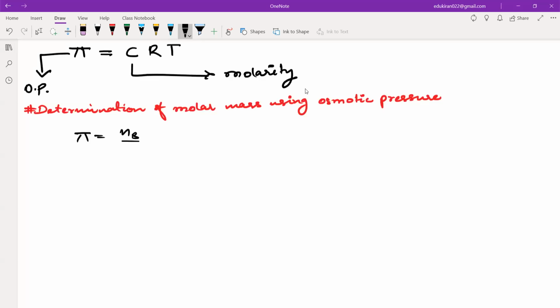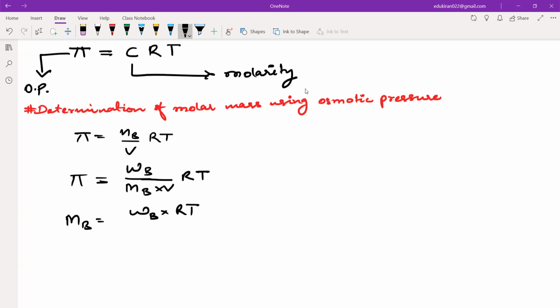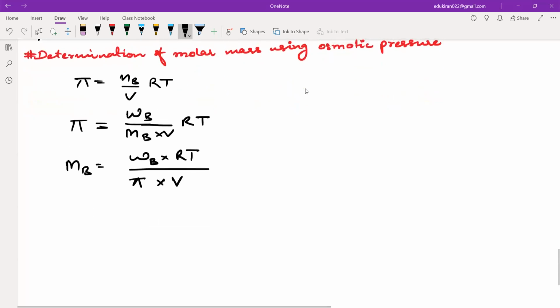C is the number of moles divided by volume, into RT. So pi is equal to n_B, which is the given mass divided by the molar mass of the solute, over V, into RT. We can write M_B equal to W_B RT upon pi V, where V is the volume. So from this we can calculate the molar mass using osmotic pressure.